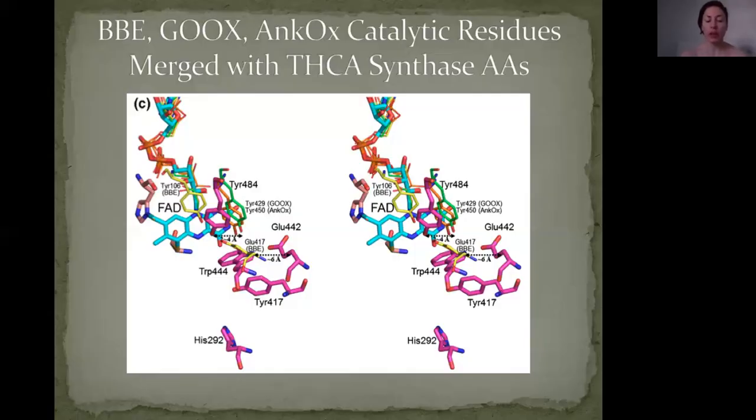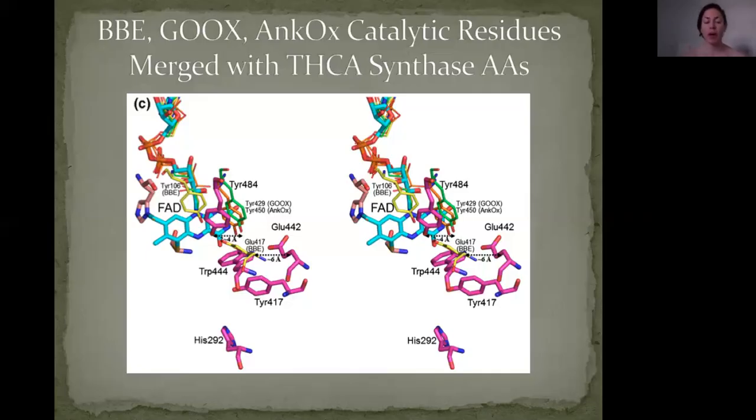So they realized that it's probable that it functions as a counterion to the CBGA carboxylate. The way they investigated this was they tried to bind CBG without the carboxyl group, and it wouldn't bind.